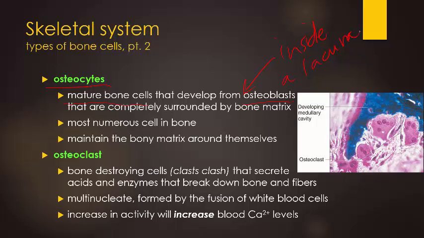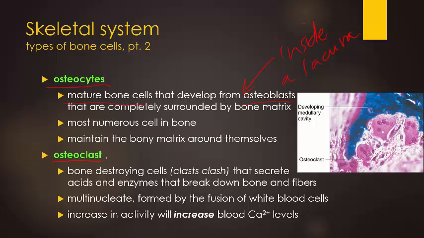These are the most numerous cells in any bone, and their job is to maintain that bony matrix around themselves. So they are constantly adding to and repairing any cracks that might be appearing in that bone matrix, producing the proteins that are going to strengthen the bone as well.